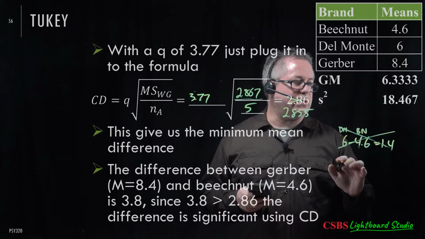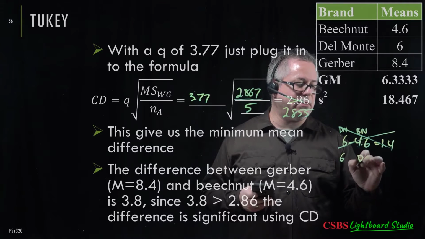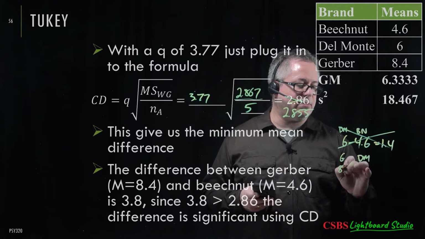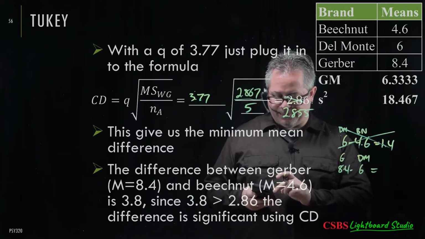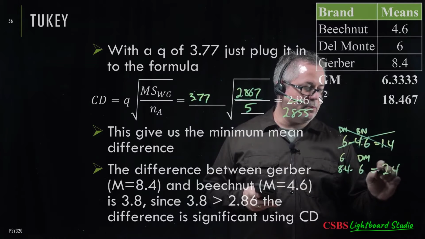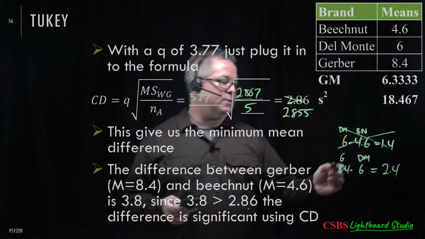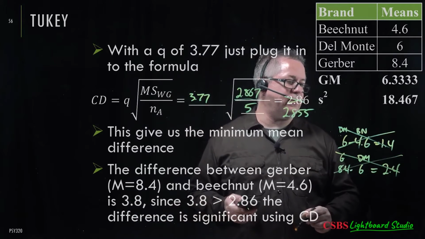So what about the other one? 8.4 minus 6, so that's going to be Gerber minus Del Monte. 8.4 minus 6 equals 2.4. All right, so 2.4 is also not bigger than 2.86. So this one's also not significant with the critical difference.